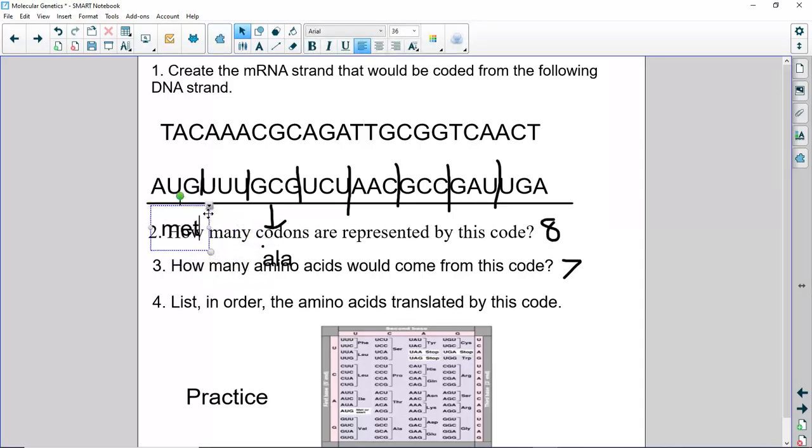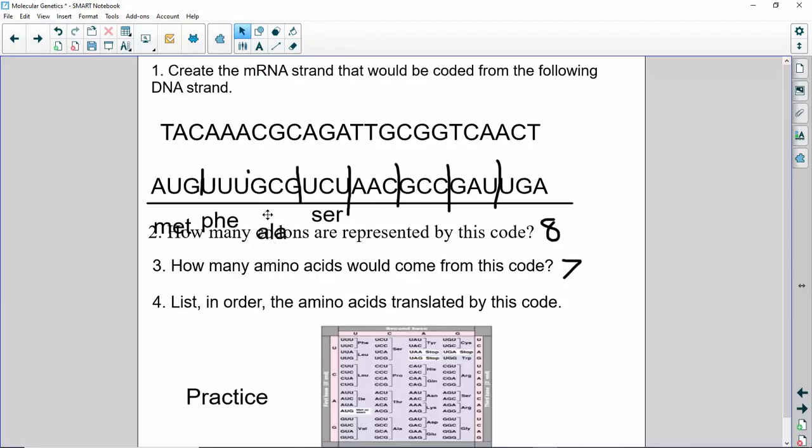This one here. All right. Alanine. All right. Find UCU. You go below UCU, you'd find out that it's a serine, SER. Bring the alanine up.